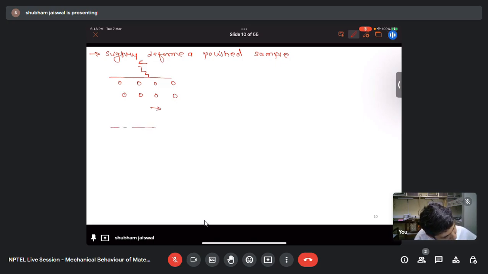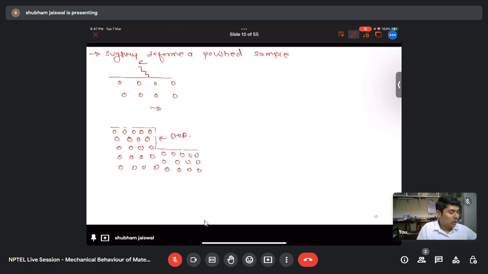Steps will be generated here, and this step is observed as a line, and this is our dislocation. So this is about the observation of dislocations. We can see the dislocation by naked eye as well as in an optical microscope or some high resolution microscope like a scanning electron microscope, etc.